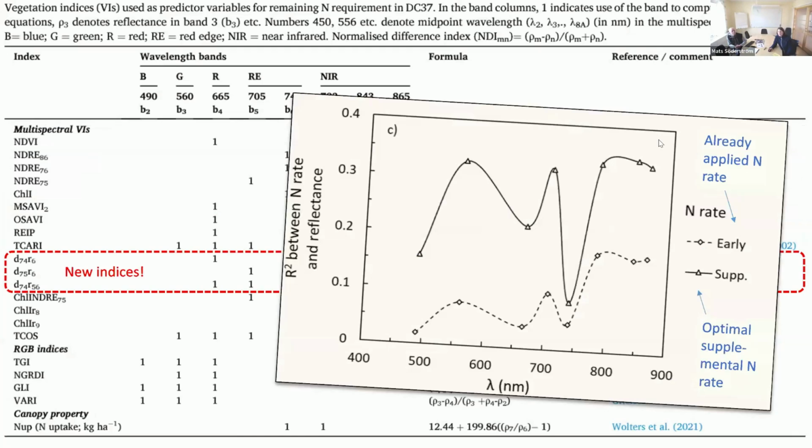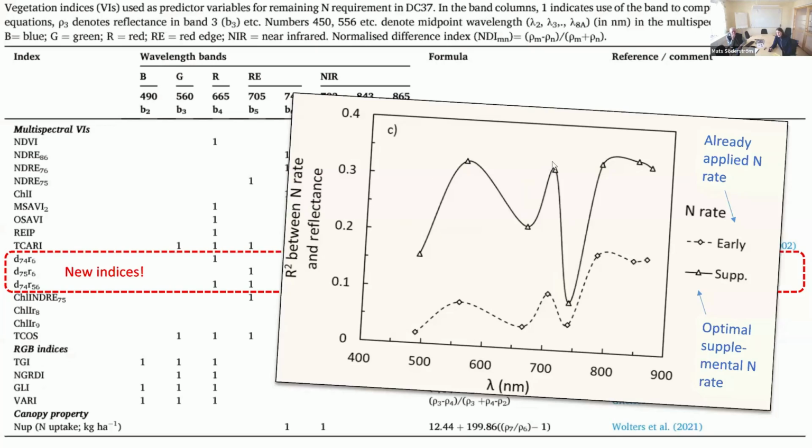To do that, we plotted the optimal supplemental N rate in the different bands of the sensor, or rather, this is the R square, the squared correlation coefficient between the optimal N rate and the reflectance.